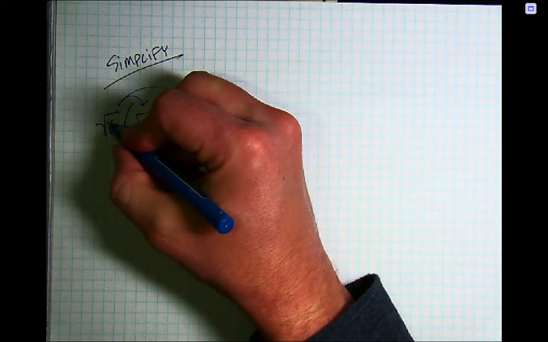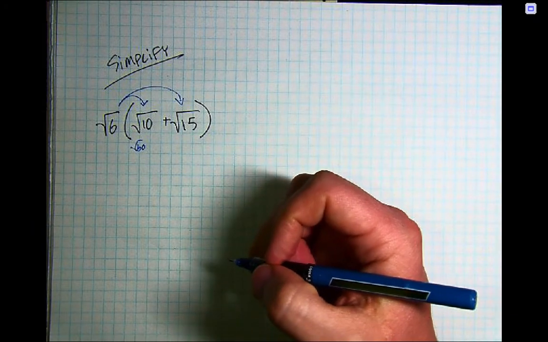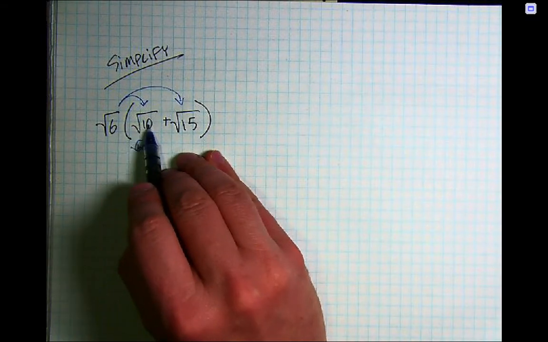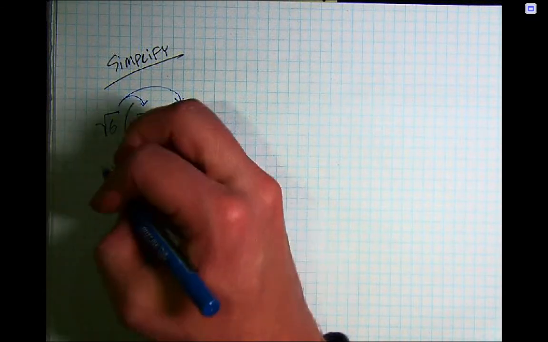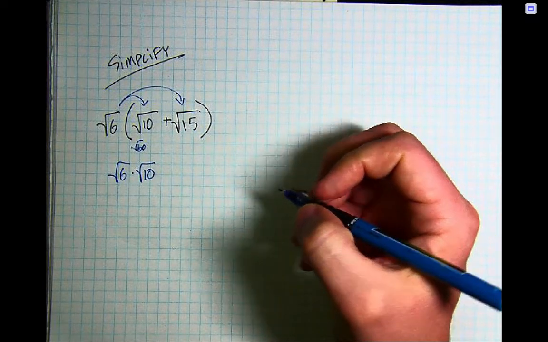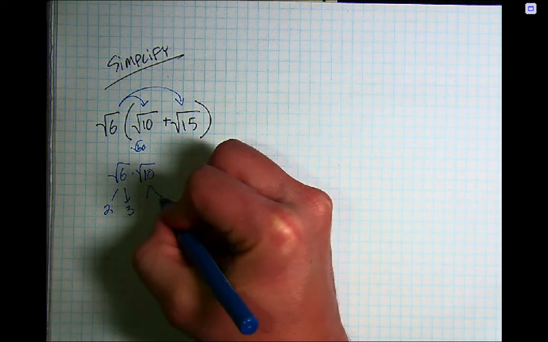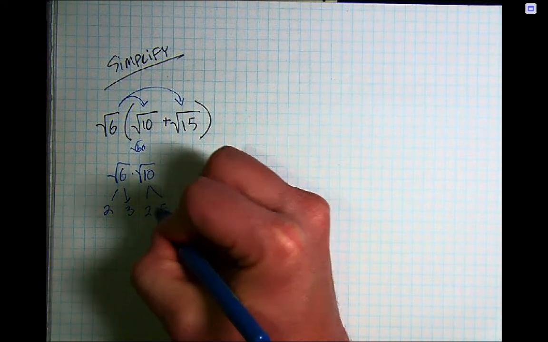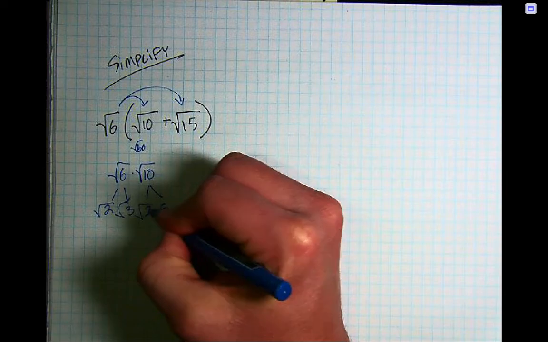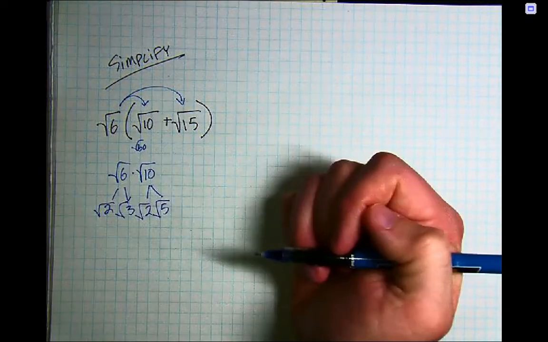So I could combine these and make it radical 60. But rather than combining them together, don't I want this broken down anyways? Because I'm just going to break this down even further, right? So you might as well not make it into a 60. You might as well keep it broken down.